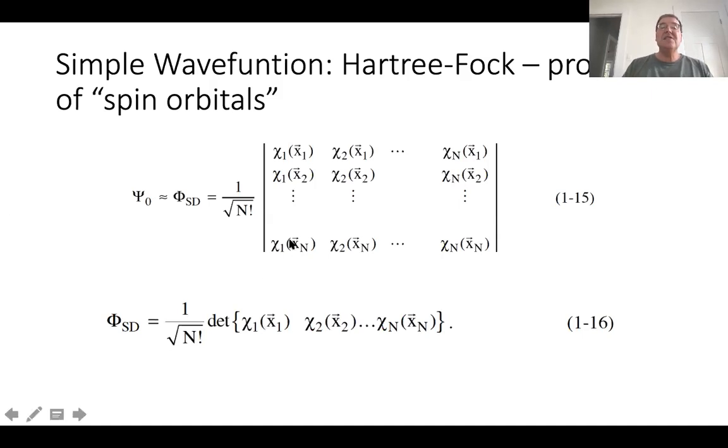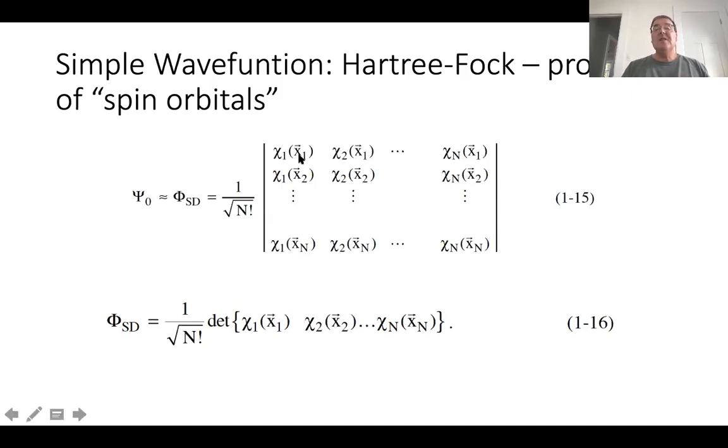And you can see the way this is set up, each row represents a different electron, each column represents a different orbital. And we write it symbolically in this way, and because there are n factorial terms, this 1 over square root of n factorial makes sure it's normalized if each of the individual spin orbitals are normalized. But the beauty of this form is it is manifestly antisymmetric under particle interchange. And we need that for fermion wave functions.